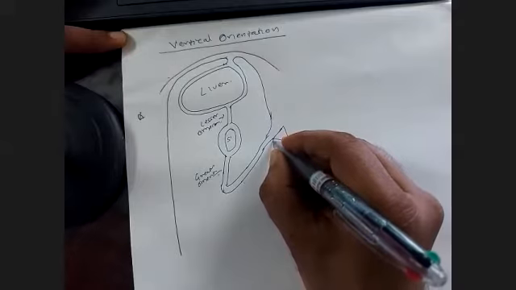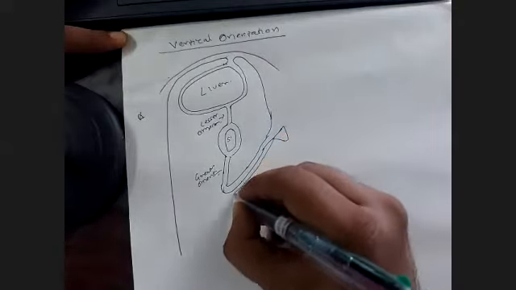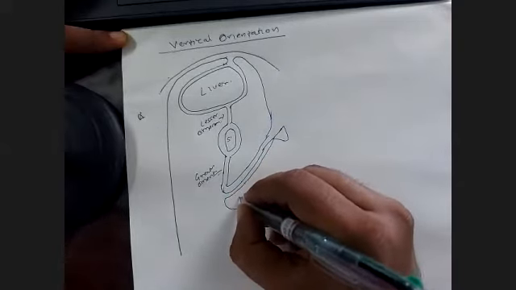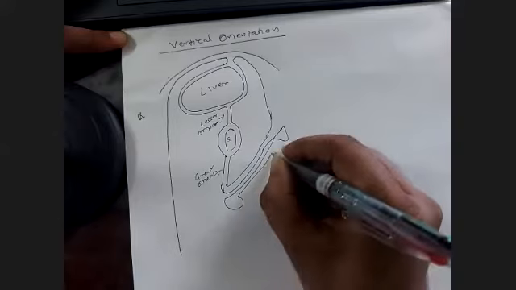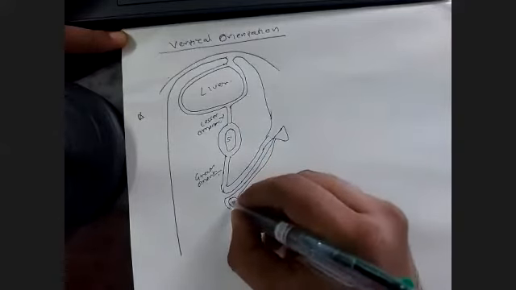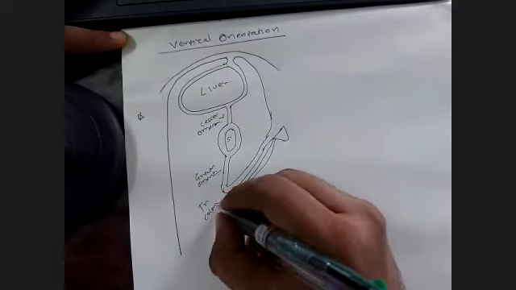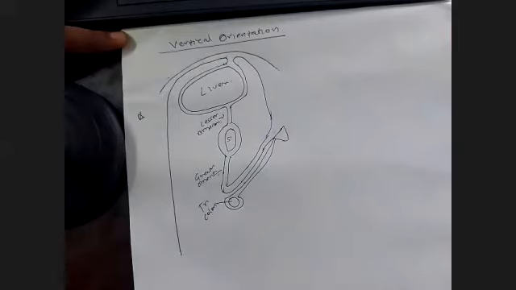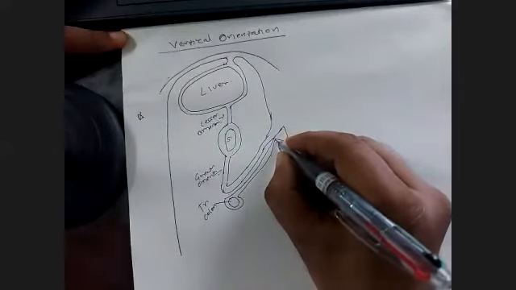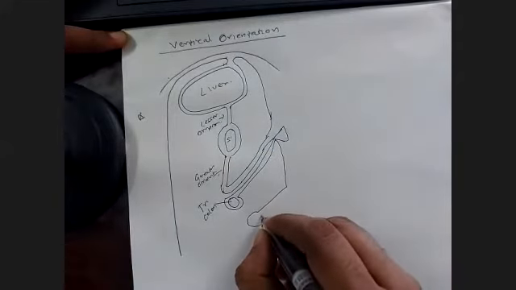From the anterior border of pancreas, a fold goes like this. This is called the transverse mesocolon, and this is the transverse colon. Again, it goes to the posterior abdominal wall, and then comes here as mesentery.